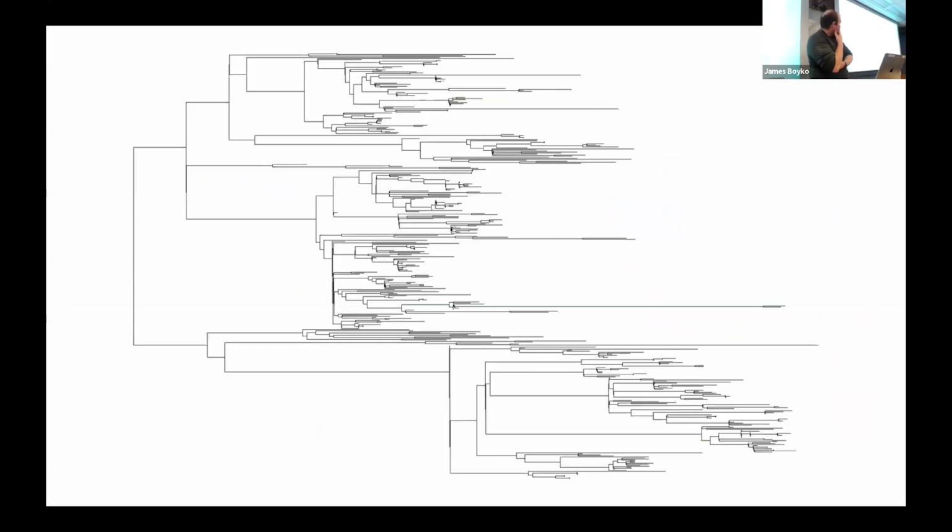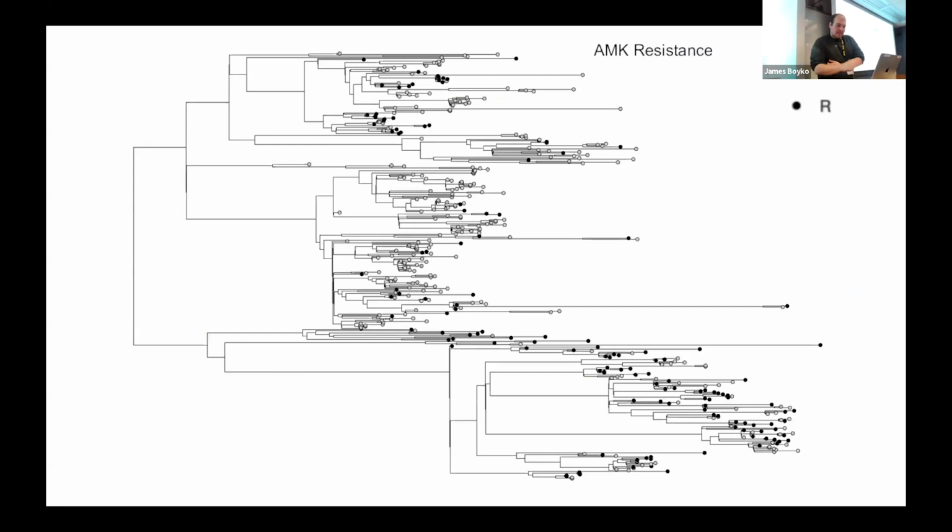Okay, so we're going to start with the phylogeny. Here's our phylogeny. We're going to need state data. So in this case, maybe we're interested in AMK, which is amikacin resistance. We have susceptible individuals in gray and resistant individuals in black.